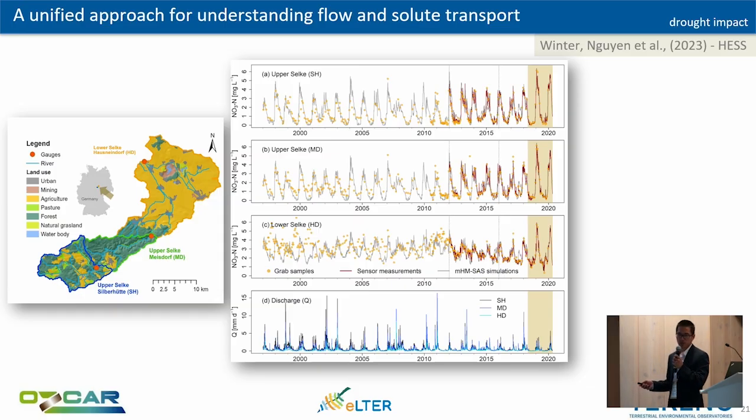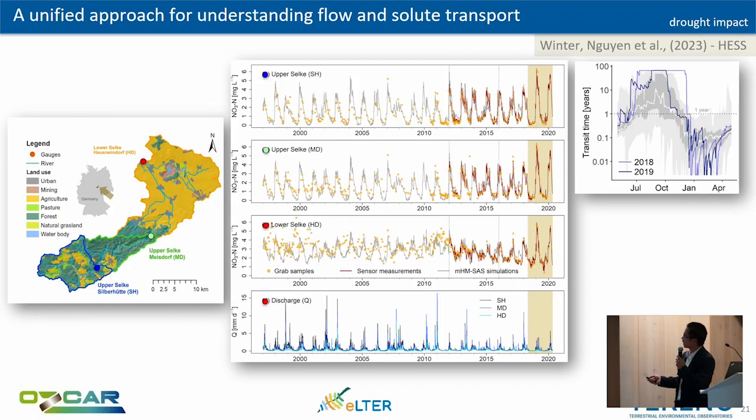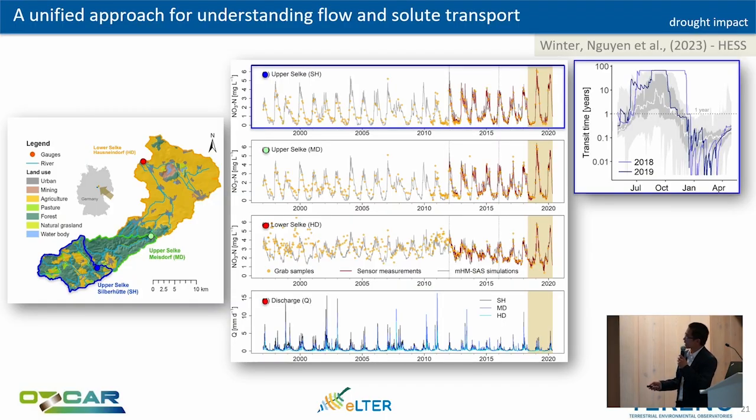And here we can explain this by using the transit time, for example. In the upper catchment here, during the multi-year drought period, we have a much higher transit time during the low flow and also a much lower transit time during the high flow here. This causes the increase in seasonal variability in nitrate export.